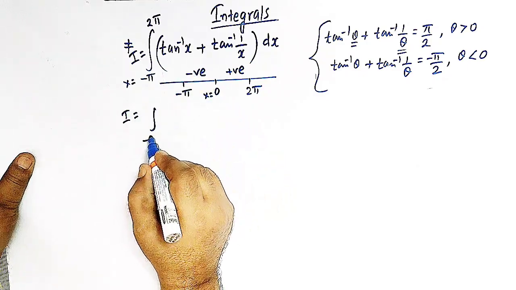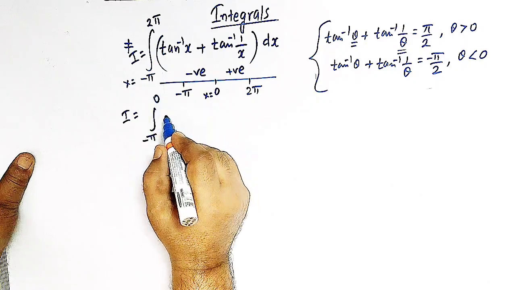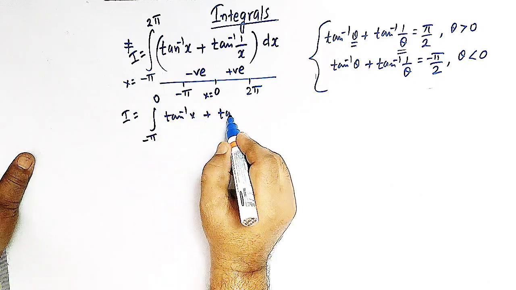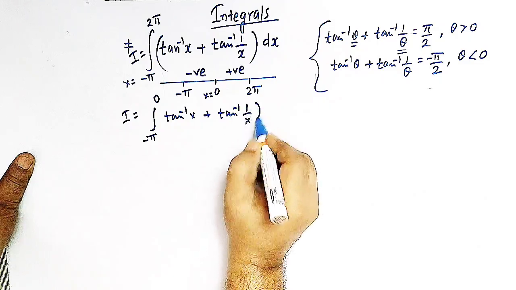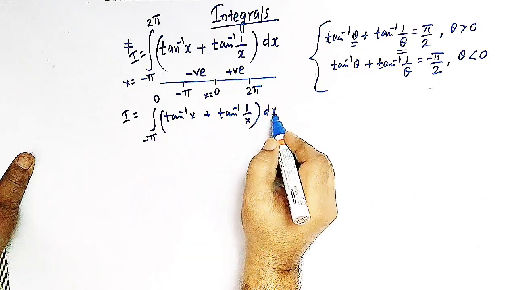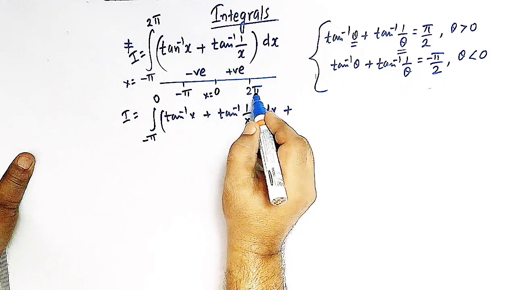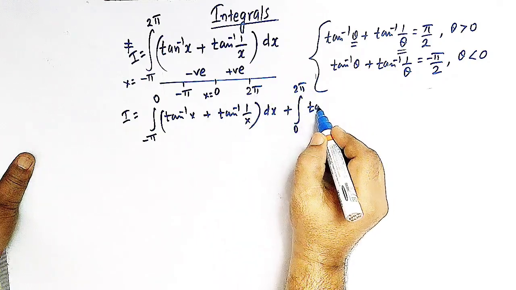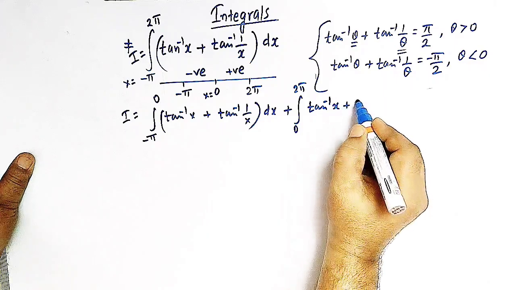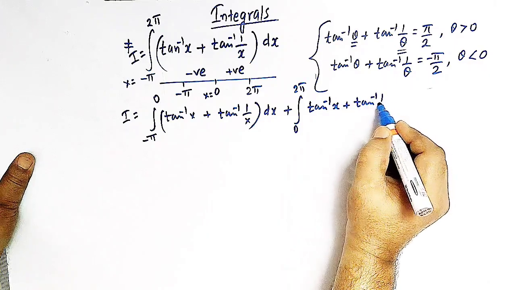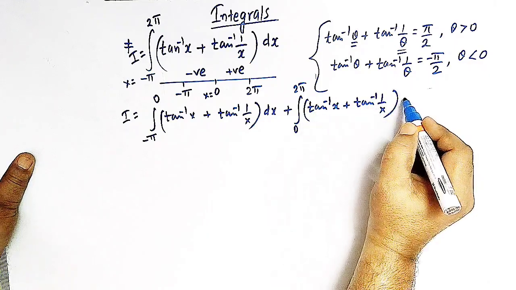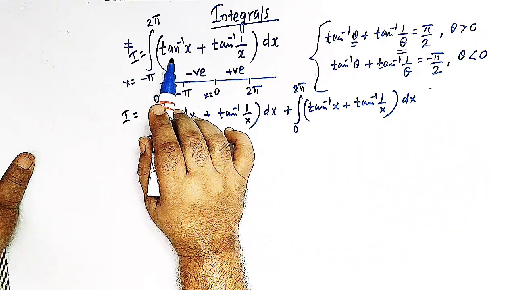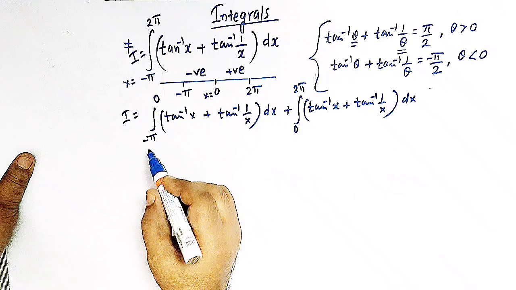We can now write the integral from minus pi to 0 of tan inverse x plus tan inverse 1 over x dx, and then the integral from 0 to 2 pi of tan inverse x plus tan inverse 1 over x dx.